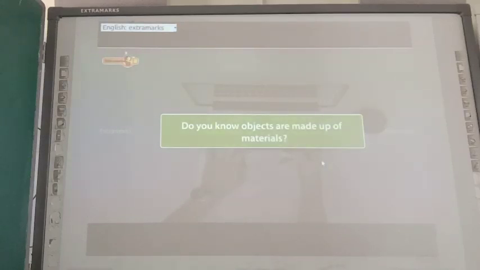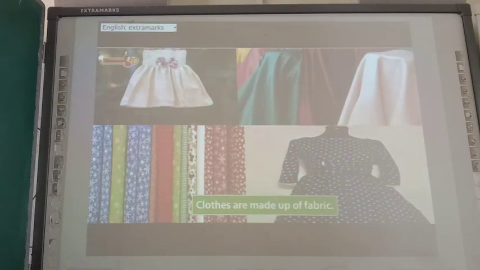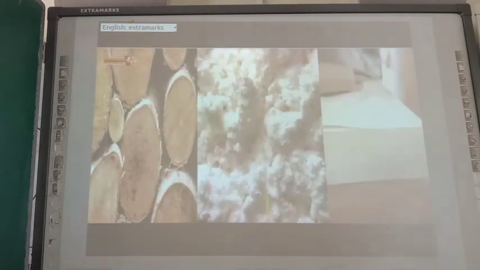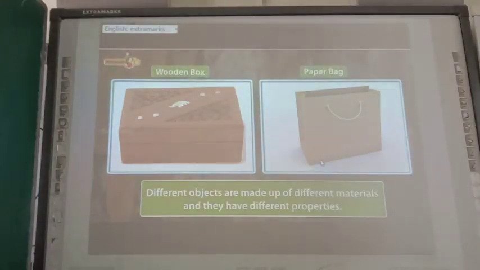Do you know objects are made up of materials? Materials are substances which are used for making different things. Clothes we wear are made up of fabric. And paper we use is made up of wood pulp. Different objects are made of different materials and they have different properties.